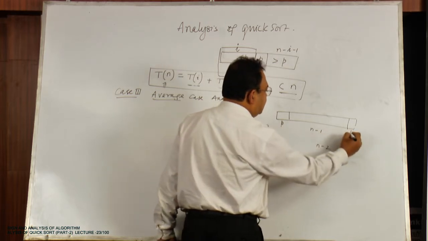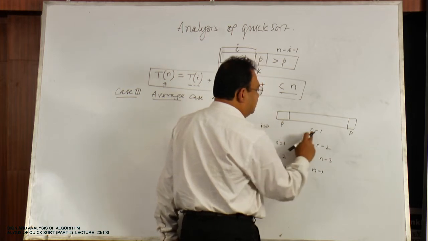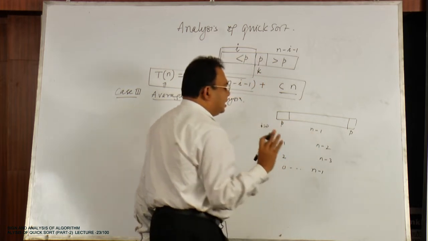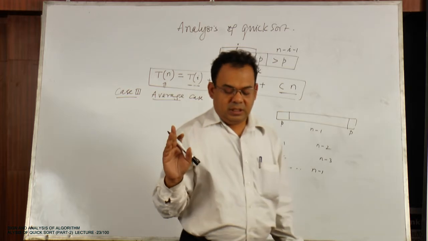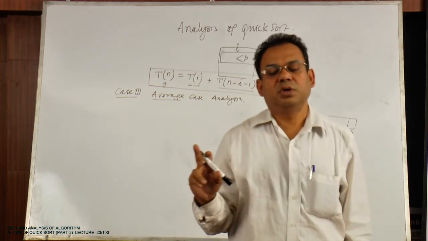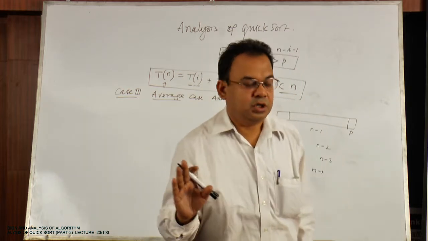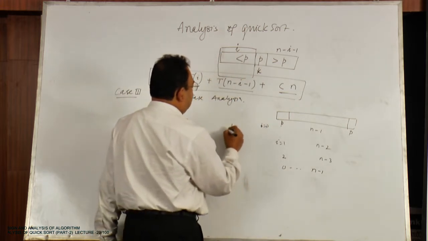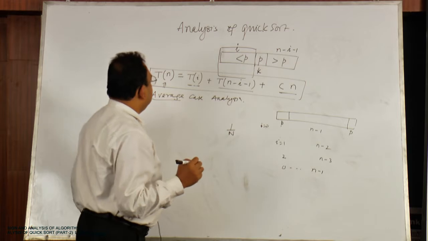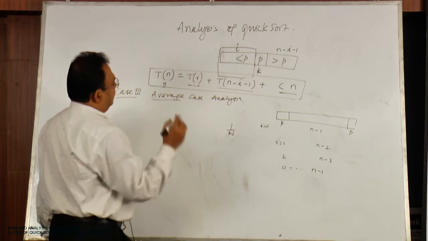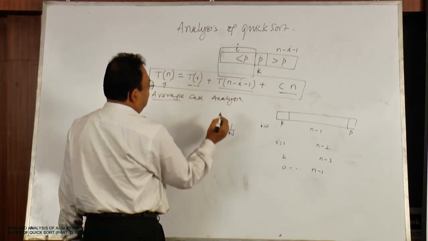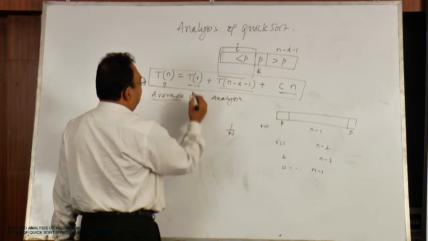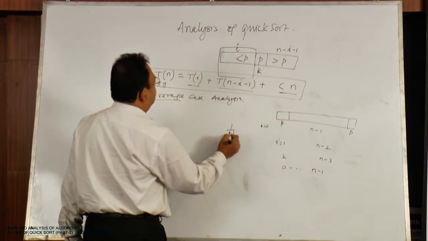If the position of p is here, then the value of i is n minus 1. So, there are total n possible subarrays, and the probability for each is 1 by n.